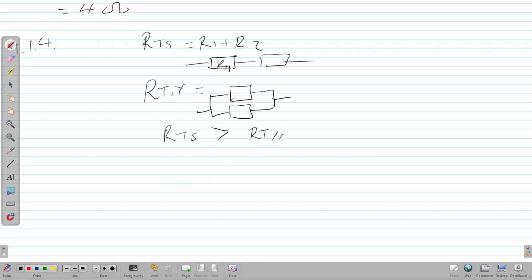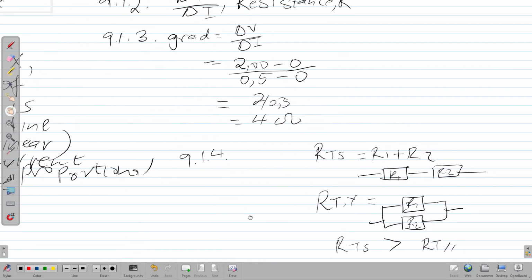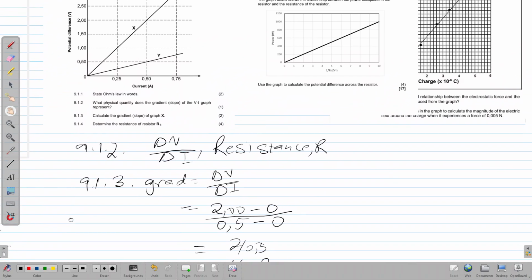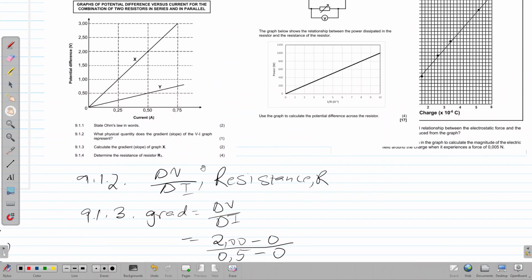So we just have to look at these graphs, because we already have information about resistance, which is the gradient.